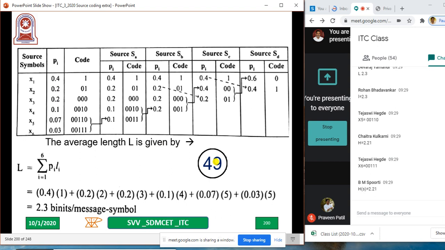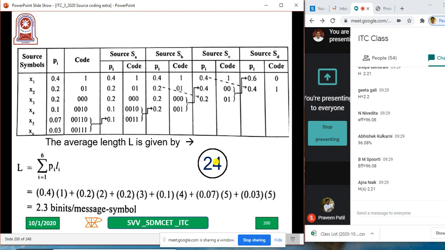Chaitra Kulkarni has typed 2.21. Spurti has typed 2.21. Tejasvi has typed average length L equal to 2.3, and 2.21. Charan has typed H of S. Jahnavi has calculated the efficiency, very good, 96.08. Shilpa has typed 2.21 and Geeta has typed 2.2.